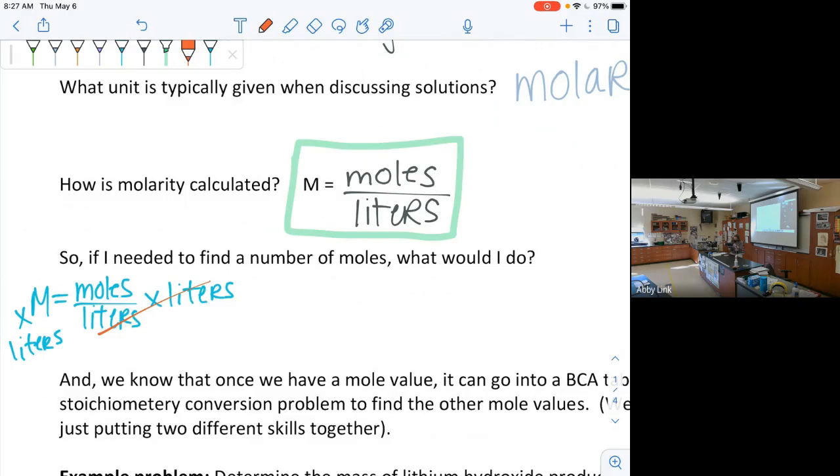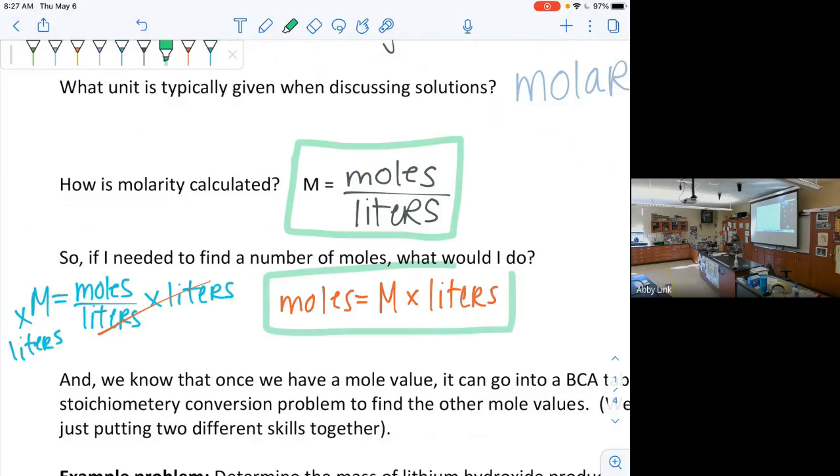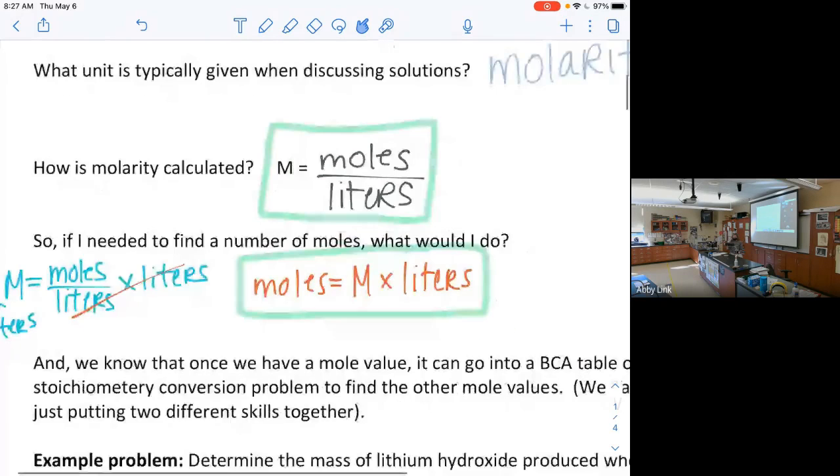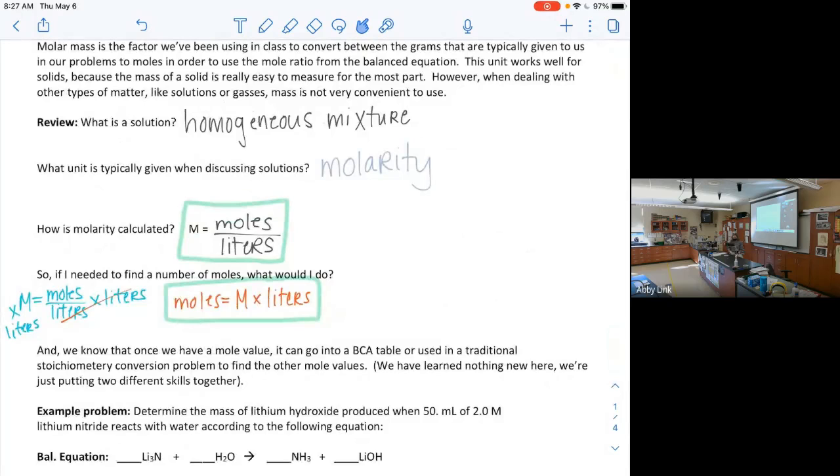And then what we come to see is that moles equals molarity times liters. All right, everybody follow my algebra there? Little algebra for you this morning. Get you prepped for your algebra Keystone. All right, just kidding, not really, but so there you go.